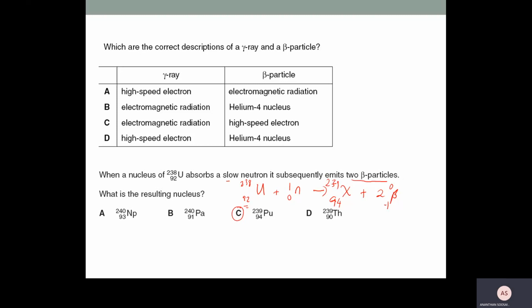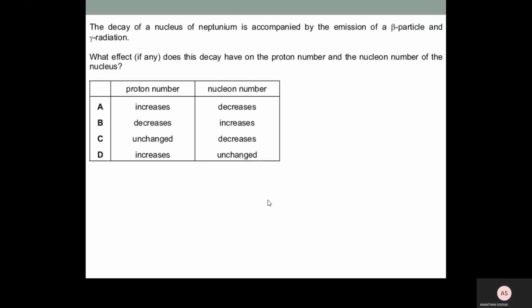Now they should specify. But if they never specify, currently also never specify, benefit of doubt, you take it as beta negative. Okay, yeah, this one. Answer.